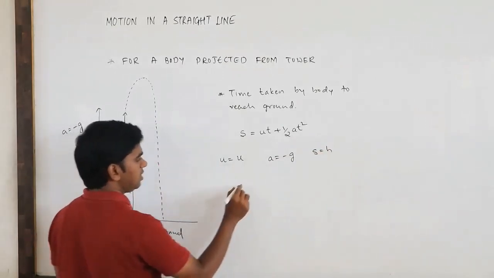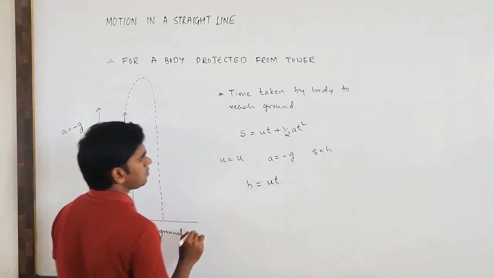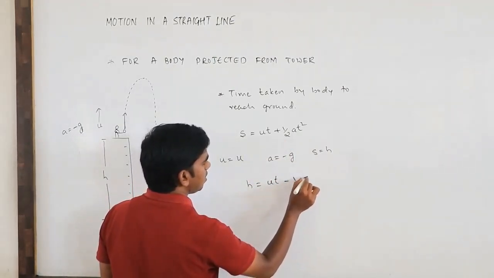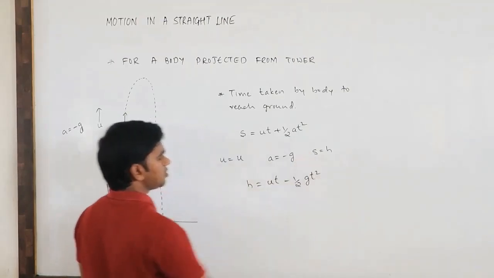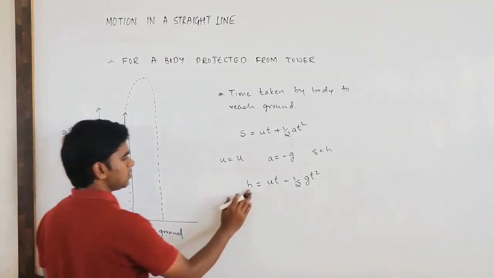Now if you write the equation, h equals ut minus half gt square.